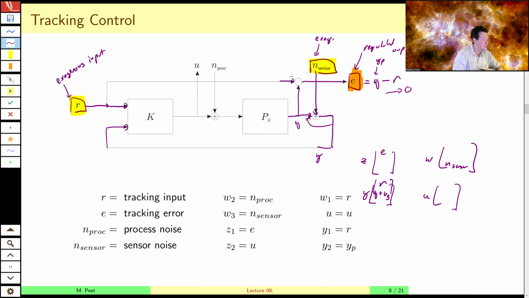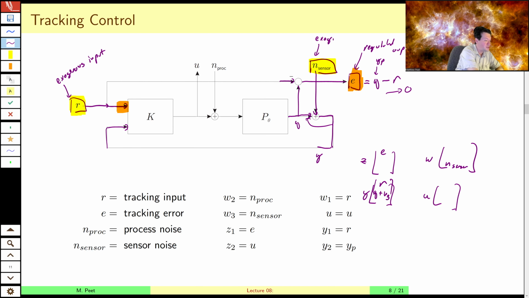So that's interesting because this reference is now not only an input, but it's also an output. It's an input, but it also gets wired directly to an output of the system. So we're going to have to take that into account in the spaghetti diagram.